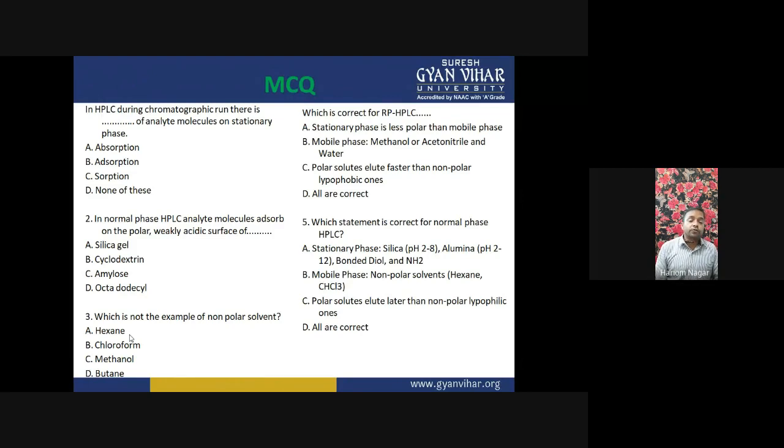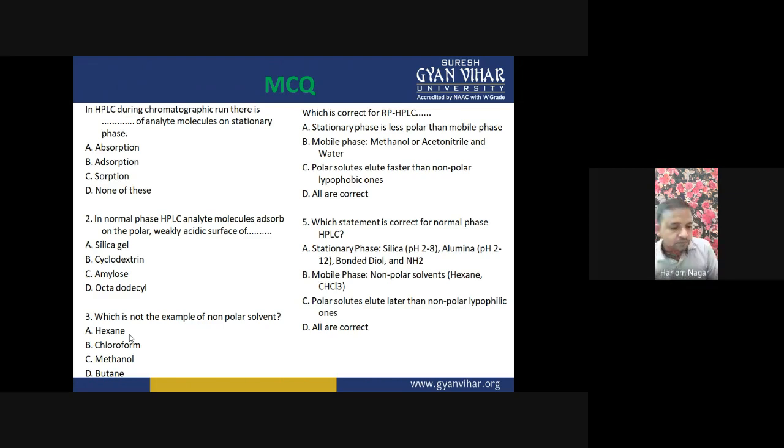If you talk about chloroform, chloroform is also an organic compound, but it has somewhat of a polarity because there is an electronegativity difference. The molecular formula of chloroform is CHCl3, so there are three chlorine atoms and carbon and hydrogen also. There is a difference of electronegativity between hydrogen, carbon, and chlorine.